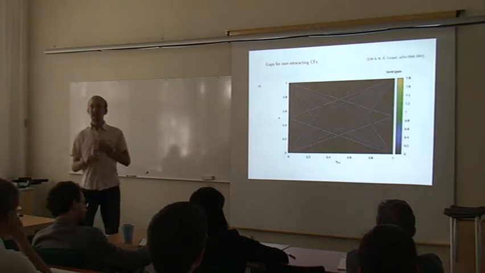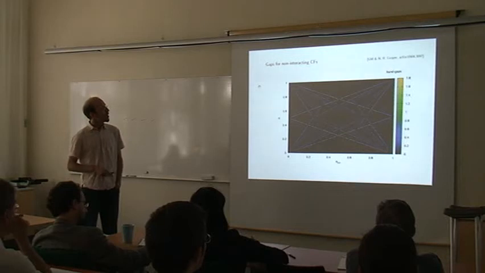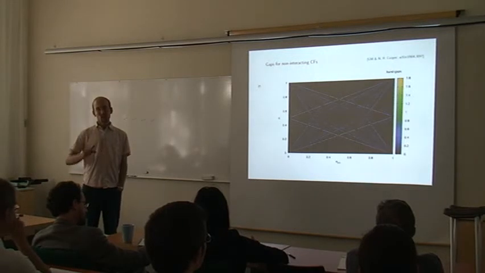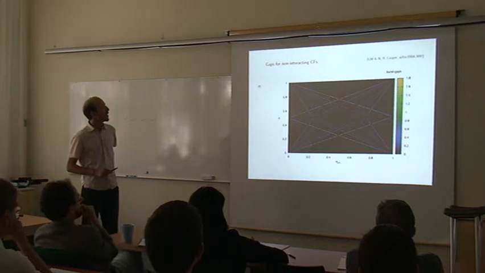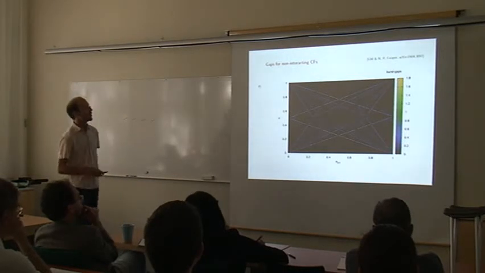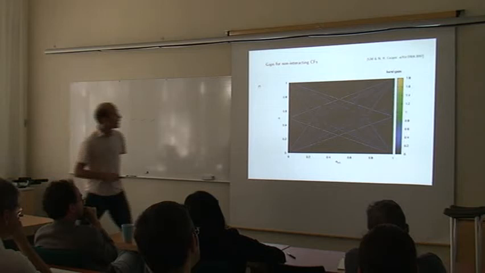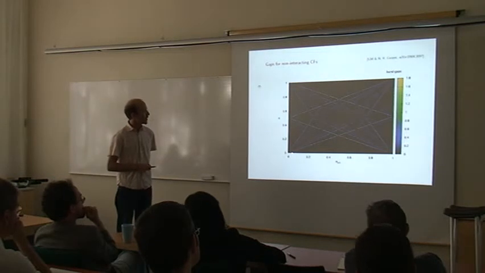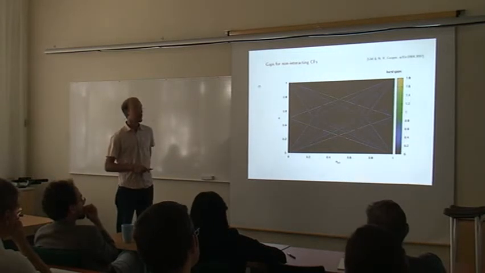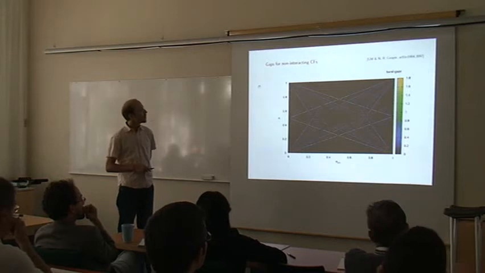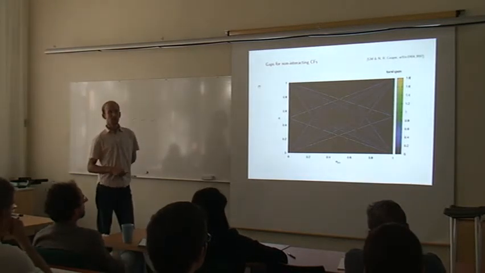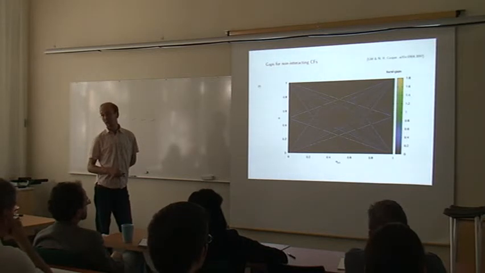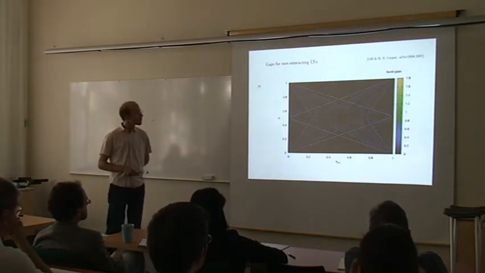This is taking the gaps of the Hofstadter spectrum and then doing a composite fermion transformation, so that tilts the axes n phi versus n a little bit. Wherever there's a light line here, that's a ratio of n and phi where you would expect gaps in the composite fermion picture.